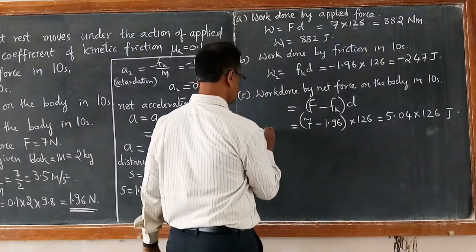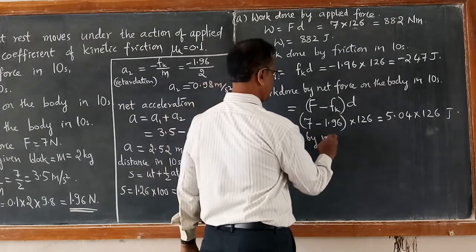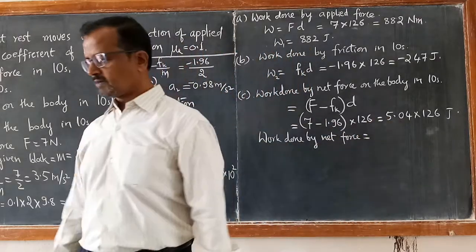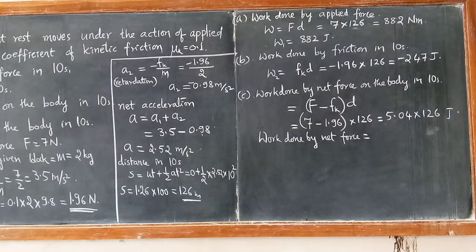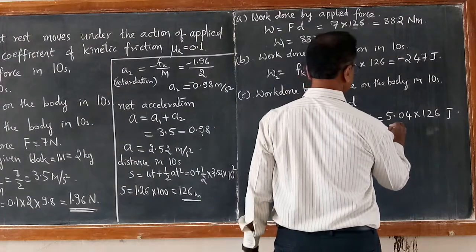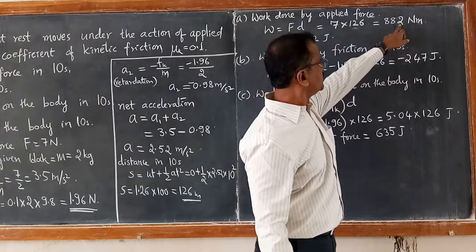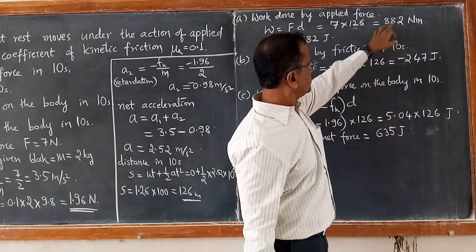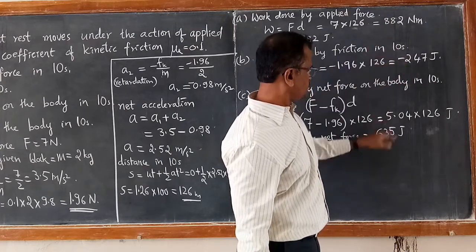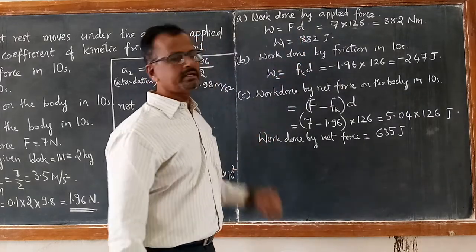So this is the work done by net force. If you calculate this, it comes out to be 635 joules. You can verify: 882 minus 247. 12 minus 7, 5. 8 minus 5, 3. 8 minus 2, 6. So if you take W1 minus W2, that itself is the work done by net force.